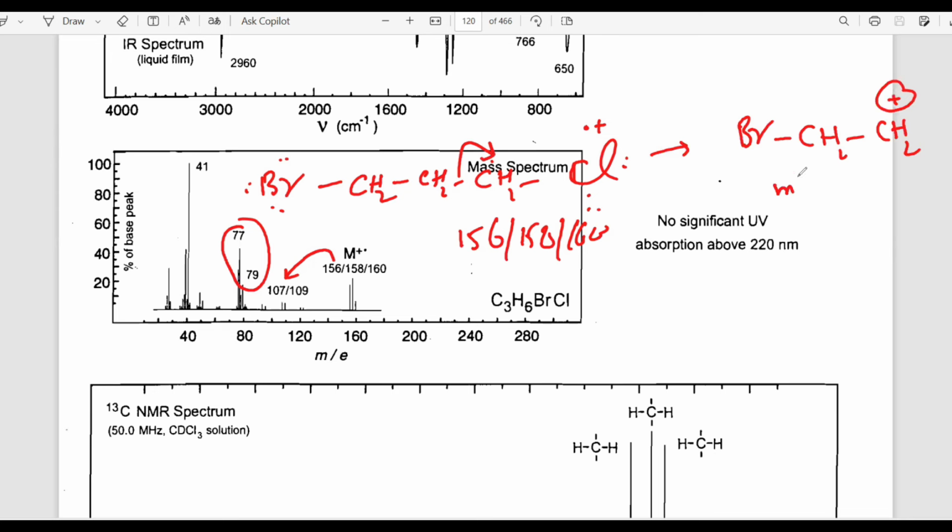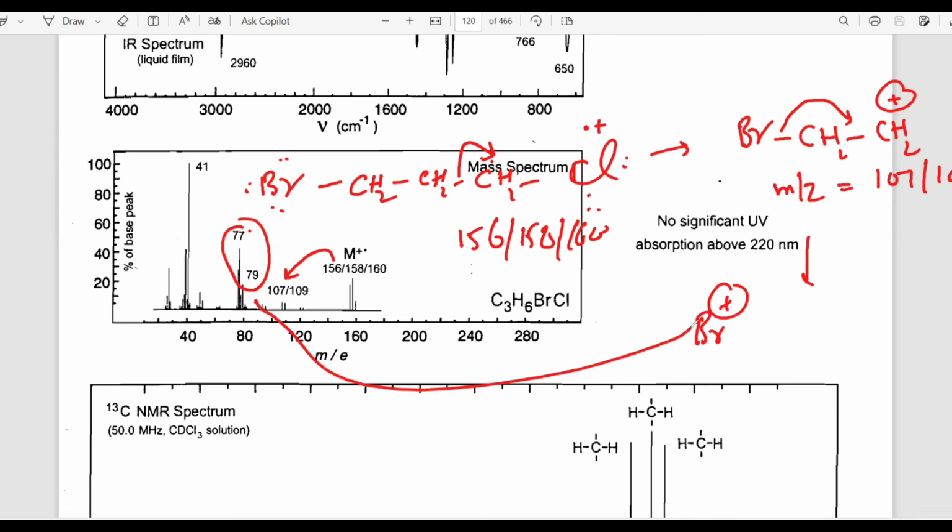So this fragment will appear at m/z 107 or 109. Now, if I draw a fragment of 77 or 79, simply if I put this bond over here, then I will get Br positive, this signal. This signal is this one because bromine has 2 isotopes, bromine 79 and bromine 81. So now you can easily draw these fragments.